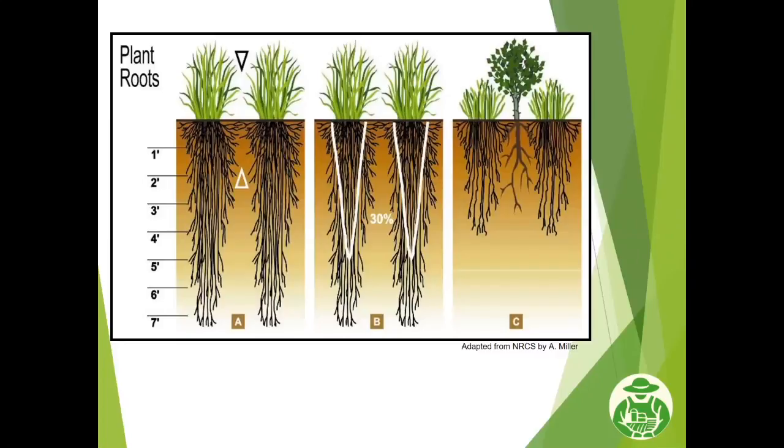You can see here in figure A, the plants do look a little spaced apart, but if you look underneath the soil, because they're being grazed appropriately, you'll see those roots intermingle. And that is eliminating undesirable species and weeds from coming through.